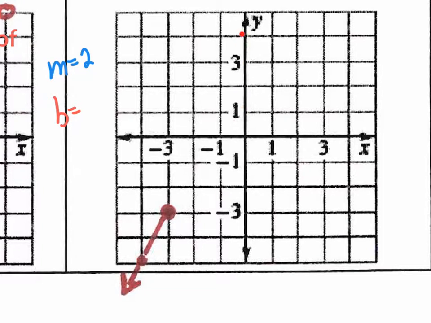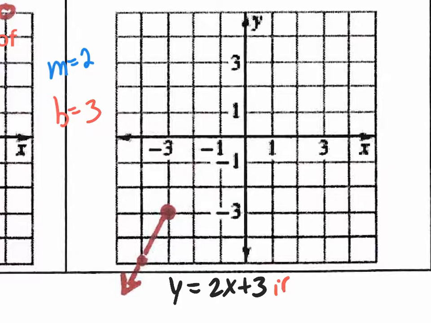You know it's going to cross somewhere up here. The only way you're able to locate that would be to continue with your pattern of up 2 over 1, up 2 over 1, up 2 over 1, up 2 over 1. So it crosses where? 3. So the b value is 3. Okay, so our equation is y equals 2x plus 3, and we need a condition.